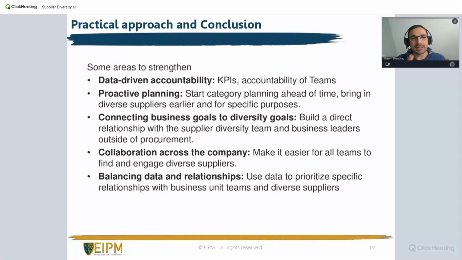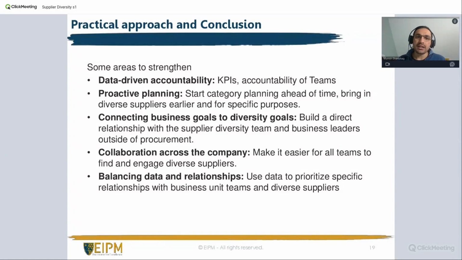For example, if my category spend is 100 million, today I have, let's say, zero diversity suppliers in this entire 100 million. In the next 5 years, I'm going to have 5%, 10%, or whatever target that you put. So it's a very data driven accountability that you can put in place. KPIs, teams are accountable, and eventually you can grow this program with such kind of monitoring.